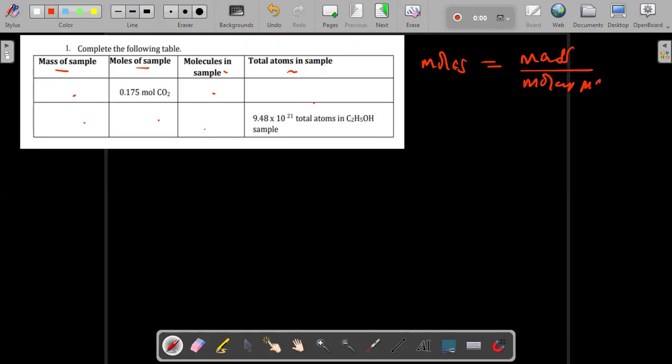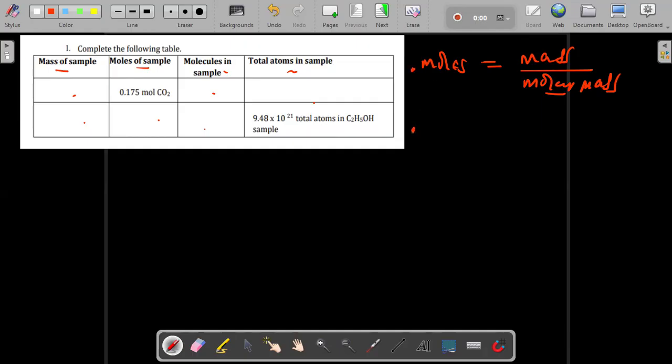This molar mass you get from the periodic table. If it's a compound, you get the individual molar masses and add them to find the molar mass of that compound. There's a video on the website on this, even on my YouTube channel, where you can check how to find the molar mass. So this is the first relationship that we need to know.